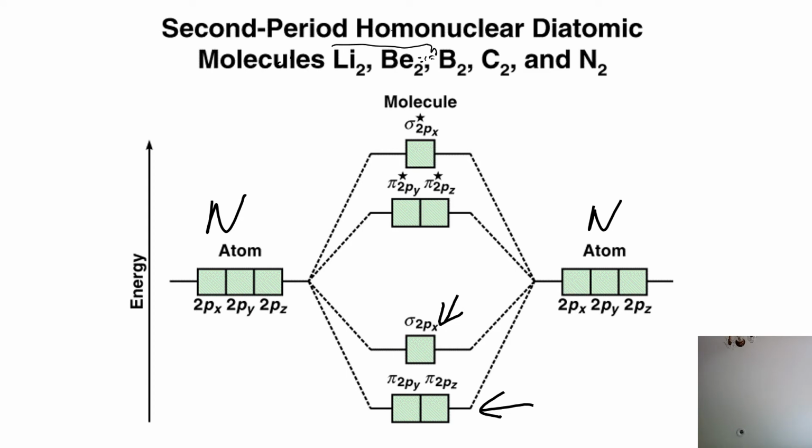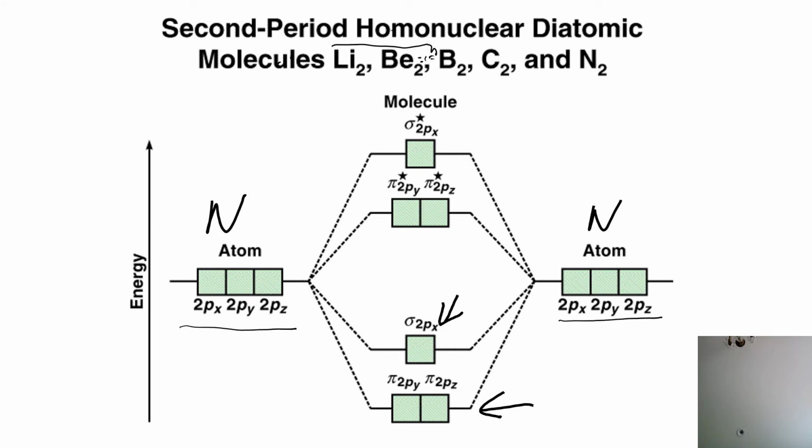All right, so here is what I was talking about when I referenced that we could have had a second box there. Here we're putting all three of the p orbitals together, and this could be the nitrogen atom, for example. We're not using electrons here, but we have the three p orbitals, and when they combine to form molecular orbitals, we're going to get pi 2py, 2pz, and I might not have said pi on that previous slide, sorry if I didn't, and a sigma 2px.